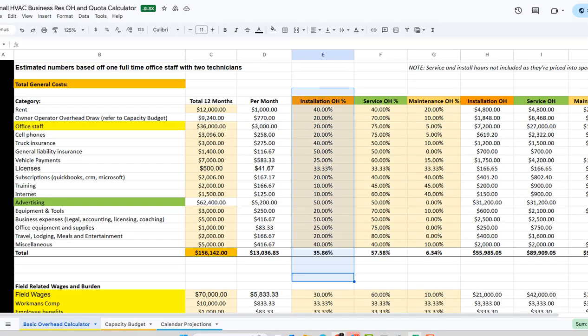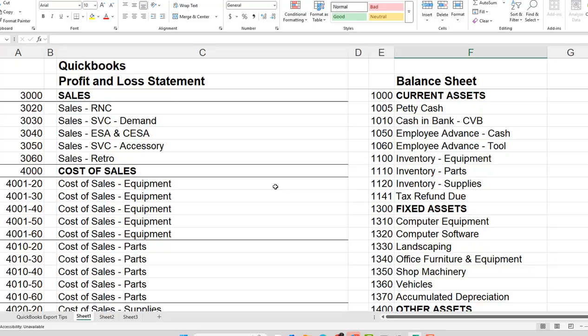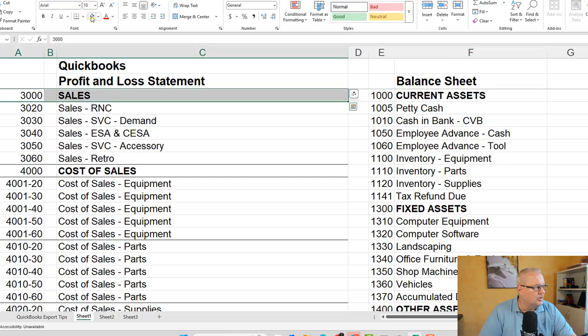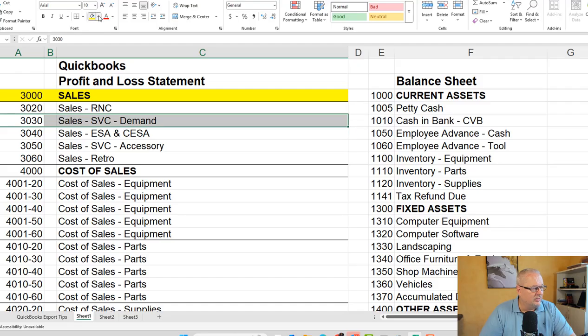Let me show you what that looks like in your chart of accounts. So chart of accounts is how you would set up your QuickBooks, your accounting, right? And so if you used to just call everything sales, now maybe we call this demand service. Demand service means, like when there's a demand, it gets hot or cold and something breaks, they call us.